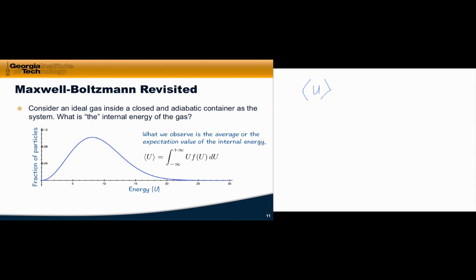And this is what we actually observe macroscopically, the weighted average of all of the internal energies of the particles. More formally, this is called the expectation value of the internal energy. And so the measurement we actually make, the state function U, is equal to the average internal energy over all the particles. This is what thermodynamics defines as the internal energy of the gas. This works for other state functions as well.